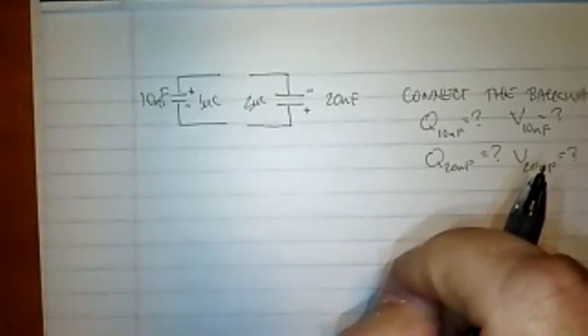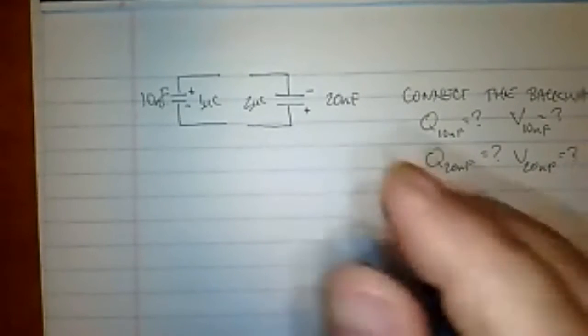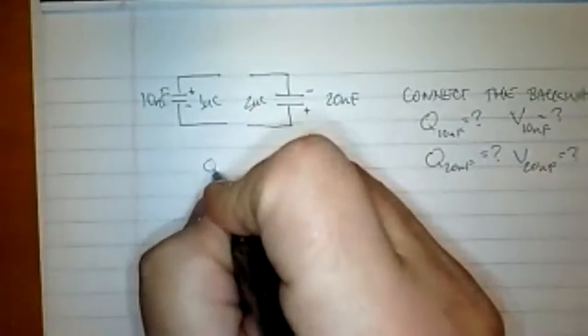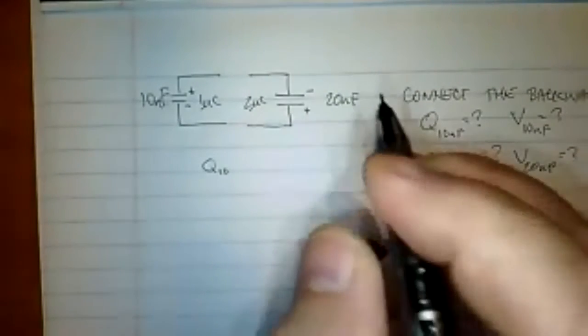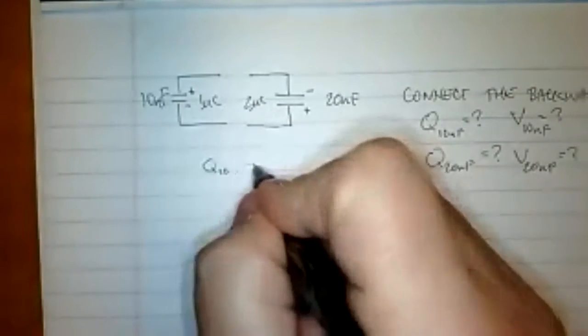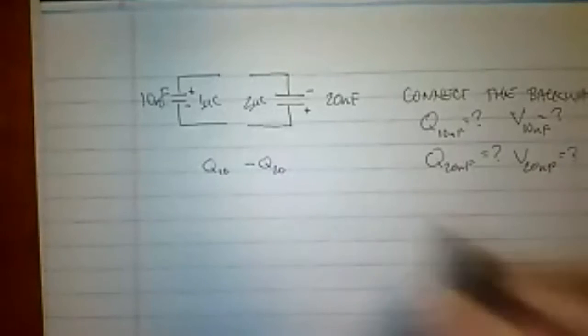Now that I've got them like that, Q10 minus Q20 is going to be equal to the total.